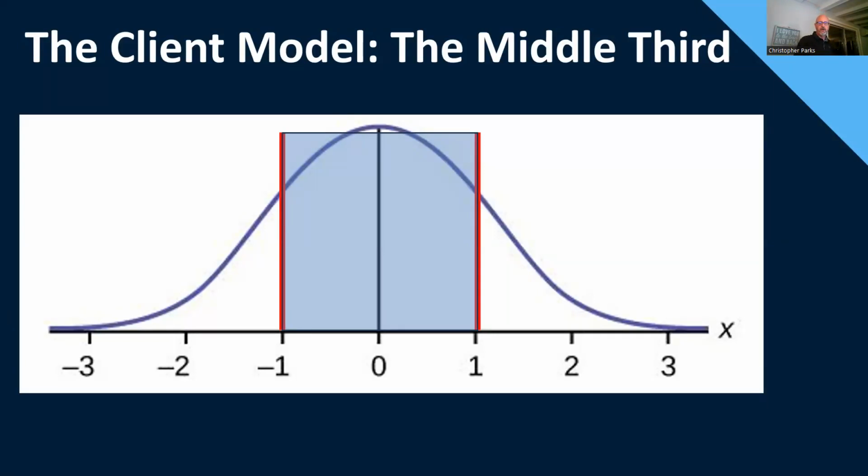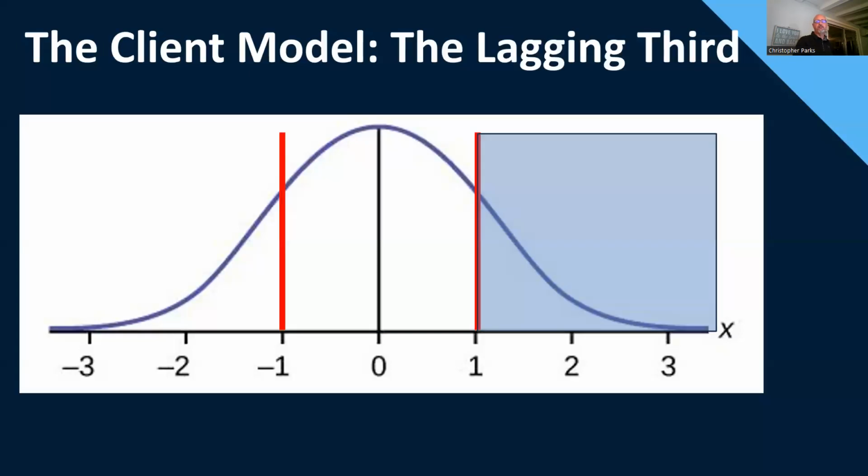Now, the last third is where you start getting into the lagging third, where this client model is a little bit more on the upper end, more on the luxury price point, like the $600,000 plus. Now, with this price point, there are some idiosyncrasies to it that you do need to be aware of. The main one is that your rate of return is not necessarily always that great.